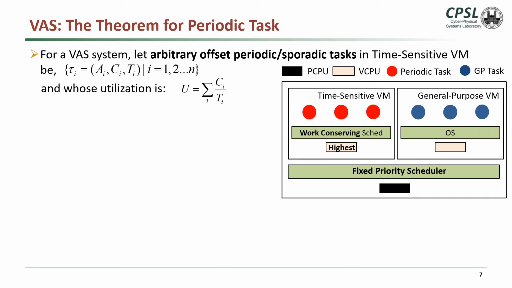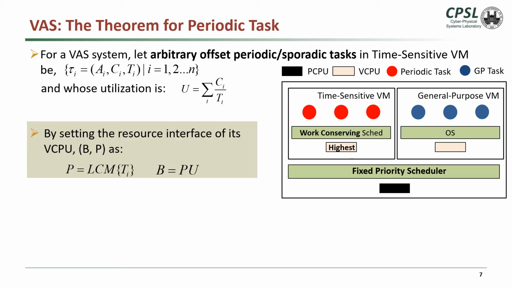We have proved the theorem for running a periodic task set on our VAS system, where you have a periodic task set stated like this, and you can compute the utilization of this task set by getting the summation of each of the execution times over their task periods. And by knowing the task set parameters, you can simply get the resource interface of your vCPU like this.